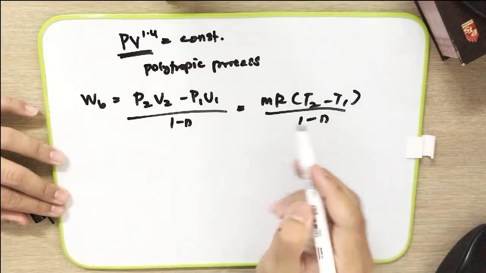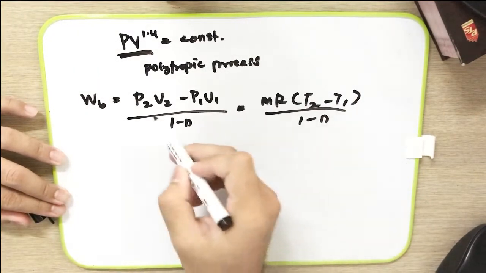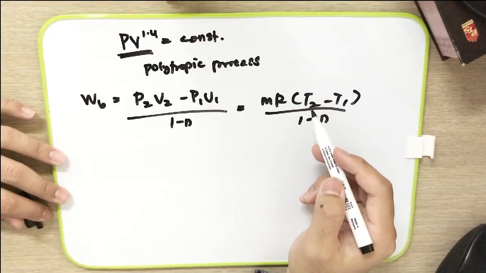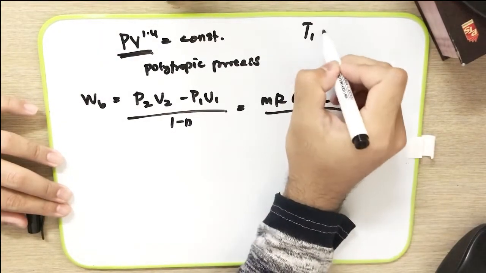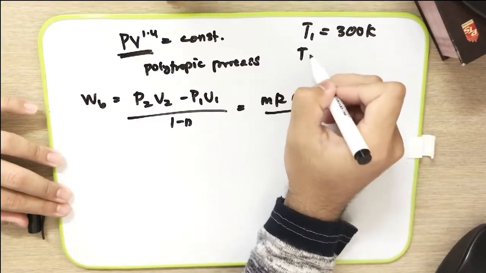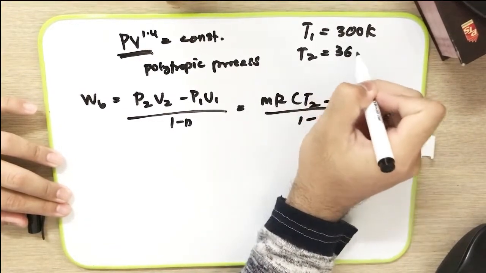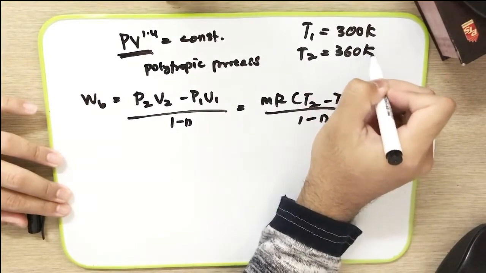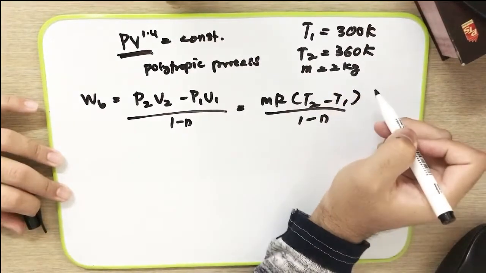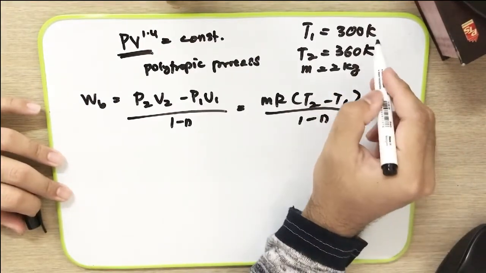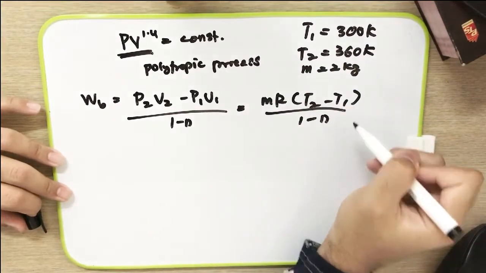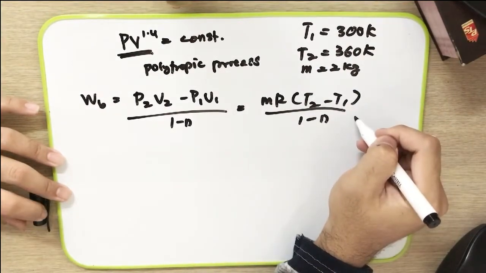We can see here there are two equations, which use P and also temperature. Because in the question given to you, T1 is equal to 300 Kelvin and T2 is equal to 360 Kelvin, and M is also given, which is 2 kg, and most of the values can fit into this equation, so we should use this equation.